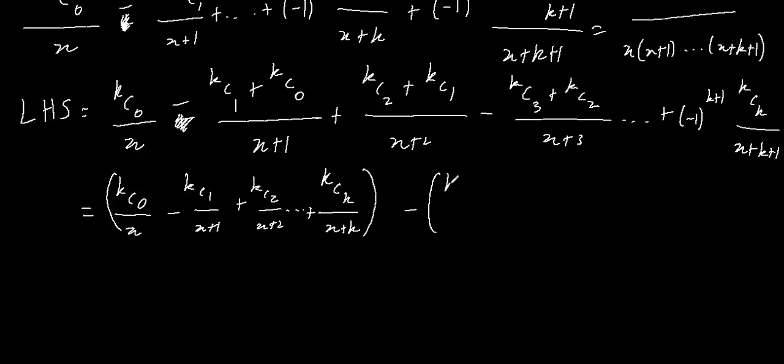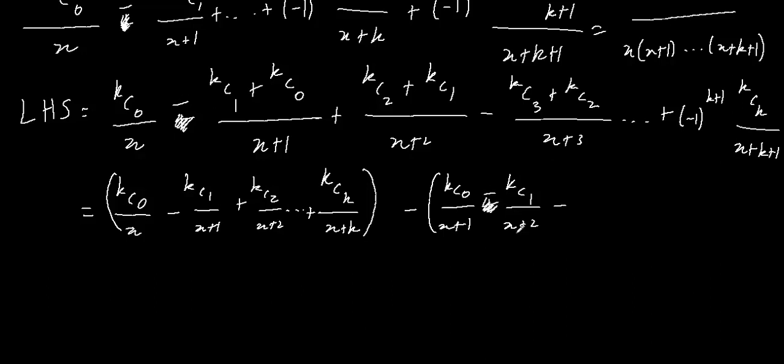Anyway, so I get k c0 over x plus 1 plus, not k c2, k plus k c1. I'm taking all the right bits now. I already used up one of these, and I didn't use up one of these, so I'm going to put that in as well. This guy in, okay? So k c1 over x plus 2 minus, wait. I factor a minus, so this minus goes away, so this is a plus.